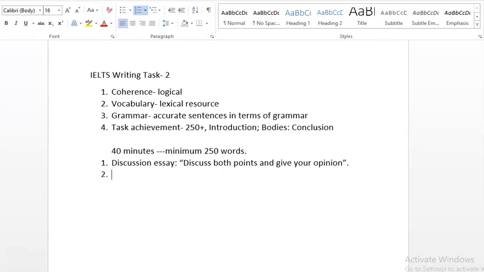The second one is the argument essay. In the argument essay usually there are not two sides. There's usually one side, and the question usually says: to what extent do you agree or disagree?